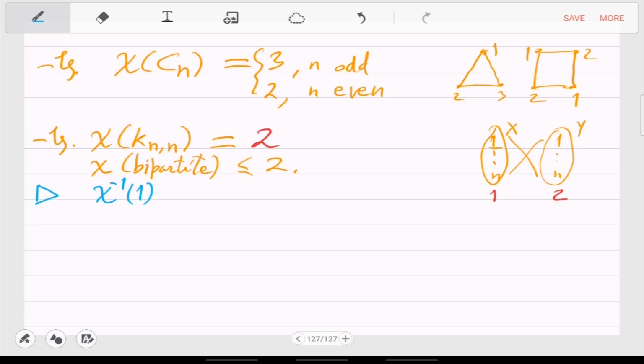What can you say about the edges on them? There is no edge, right? So chi inverse of any color is an independent set. So basically a coloring gives you many independent sets. For every color you see these independent sets.